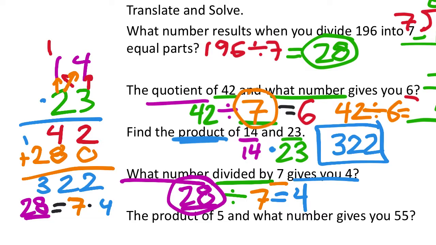And then finally, this last one, the product. Well, there's product again. And we know product is multiplication. It's a product of 5. So there's our 5 right there. And some number. Well, we don't know what this number is, so I'm just going to use a blank. Gives you, so that's going to be equals 55 right here.